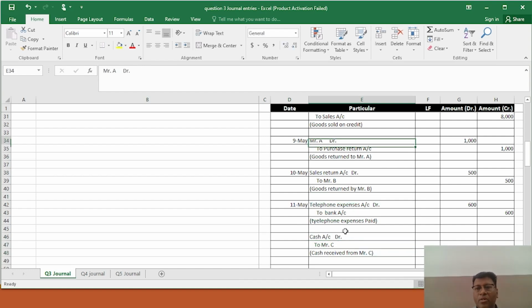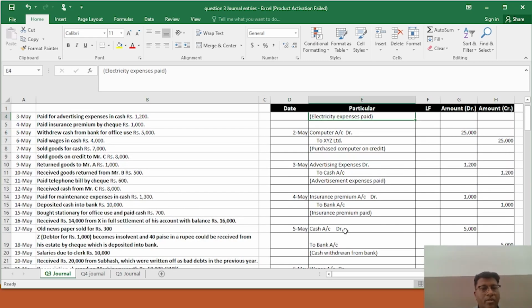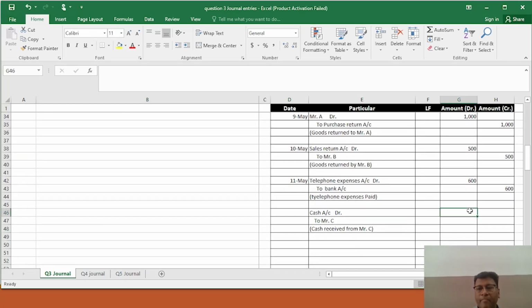Any doubt? I think you must be familiar with journalizing the business transactions in a systematic way. So you are receiving the cash from Mr. C rupees 8,000. So you have to mention rupees 8,000 on the debit side, and on the credit side again you have to mention rupees 8,000, and the date was May 12.